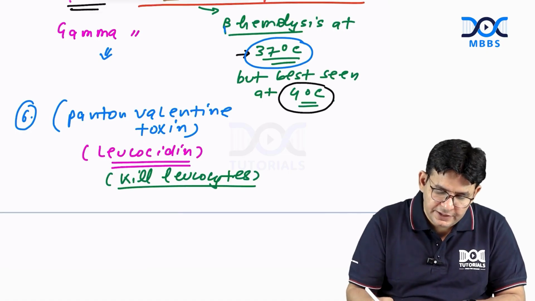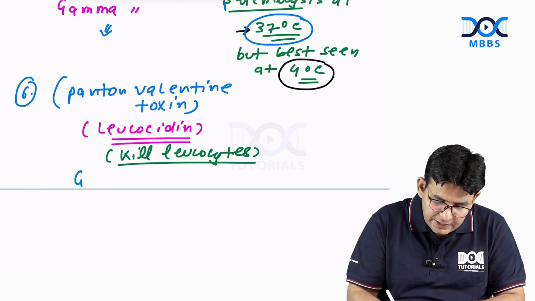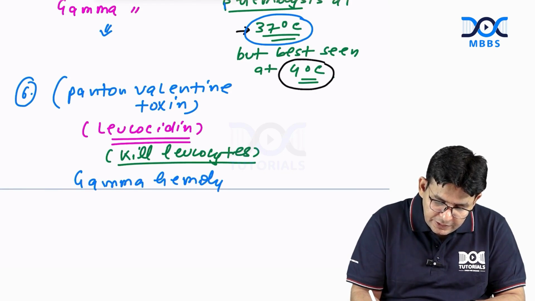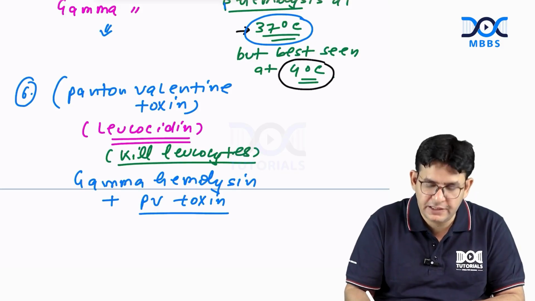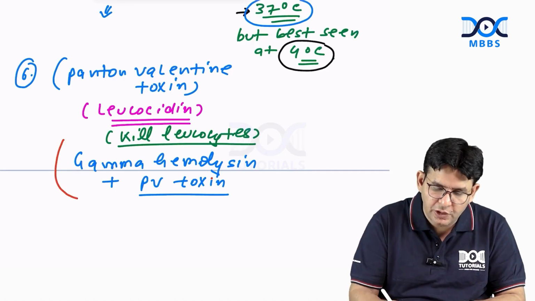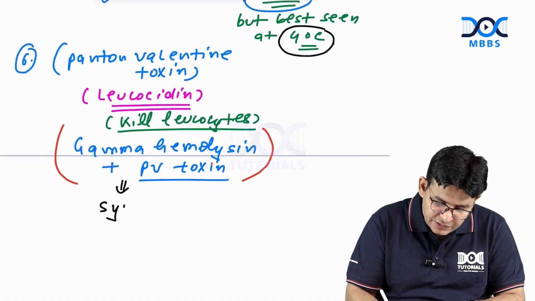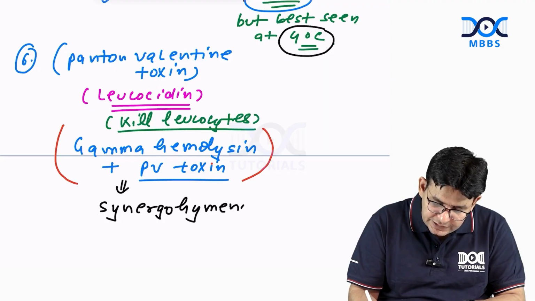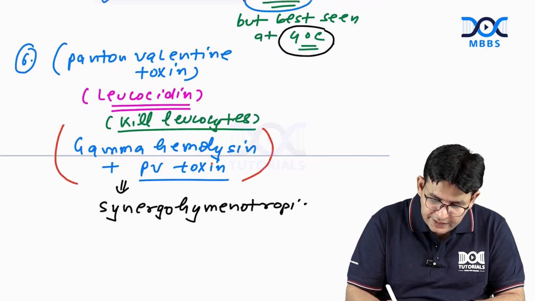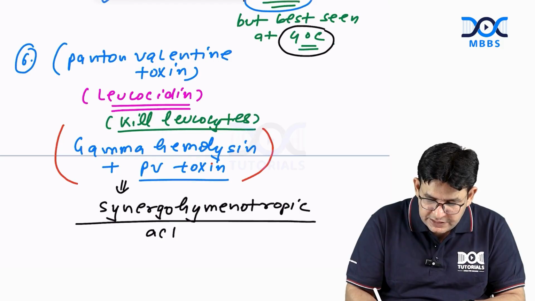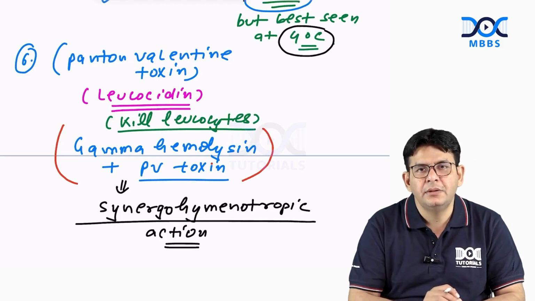Here I would like to tell you one thing: this gamma hemolysin, which we have just seen, together with this Panton-Valentine toxin, shows a particular action, which is termed synergohymenotropic action.